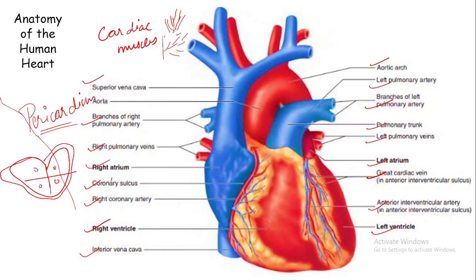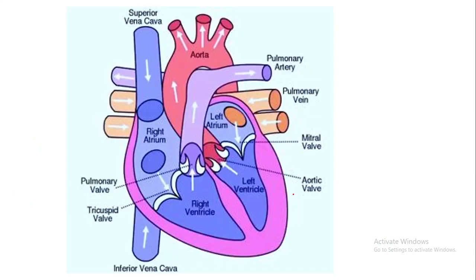In case something goes wrong with the coronary artery, the heart muscles are going to suffer. The blood which carries all the nutrients is blocked, and ultimately the heart's functioning stops. So it's because of the coronary artery that the heart keeps beating.